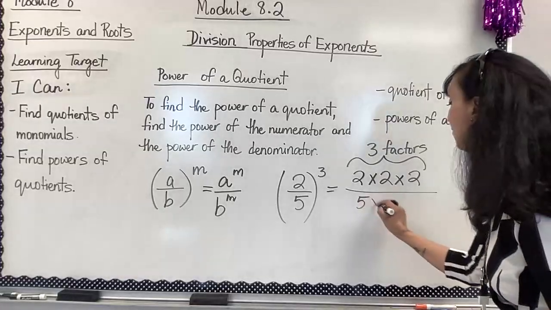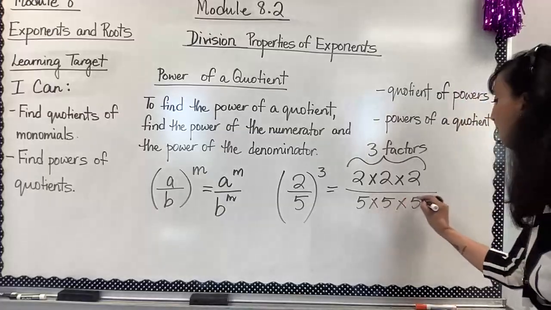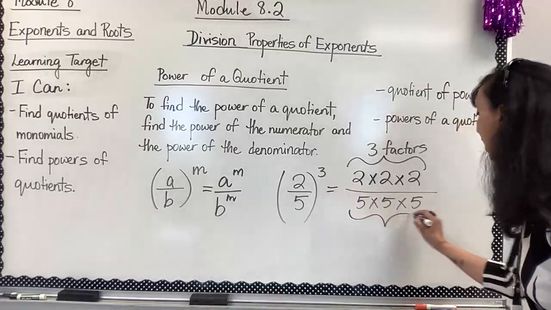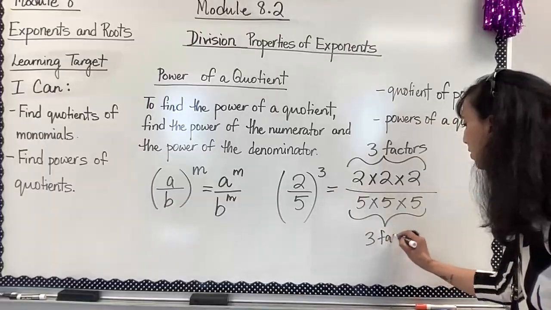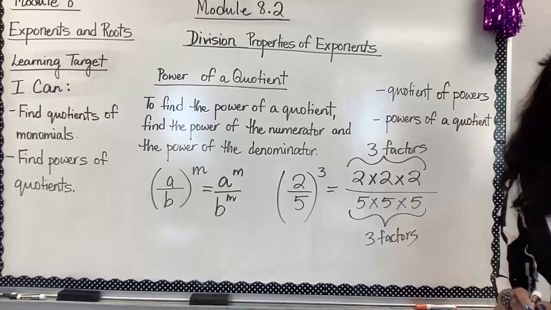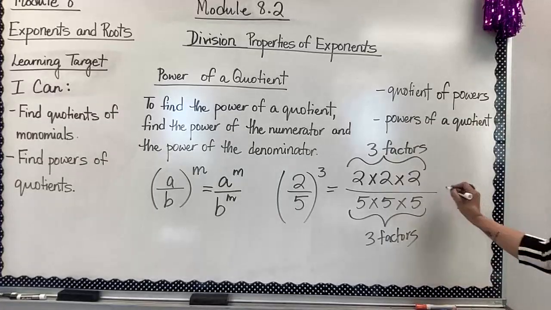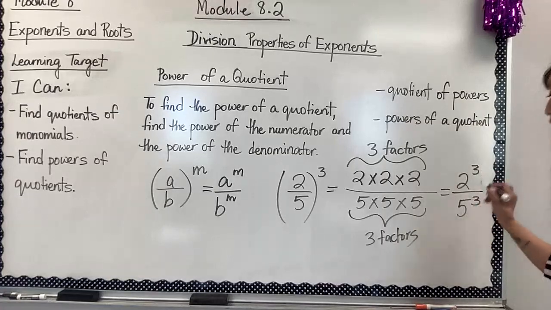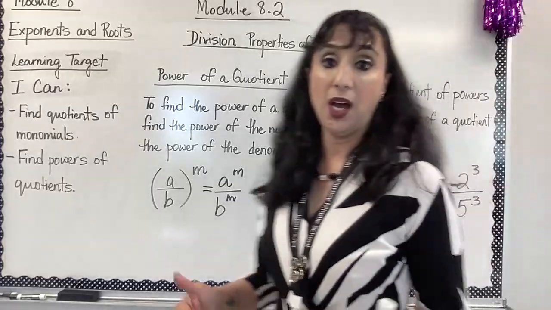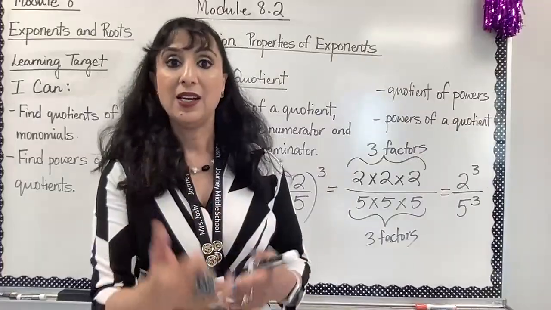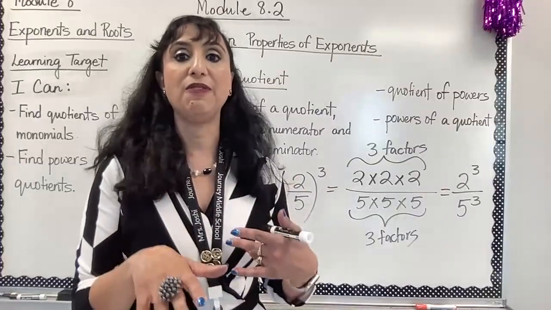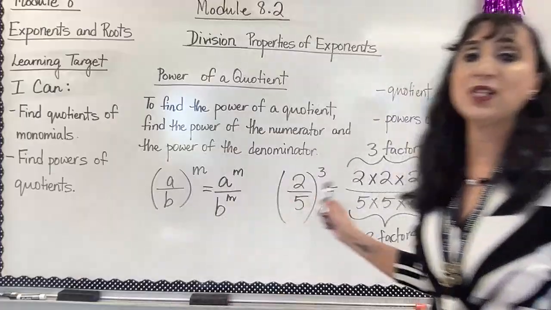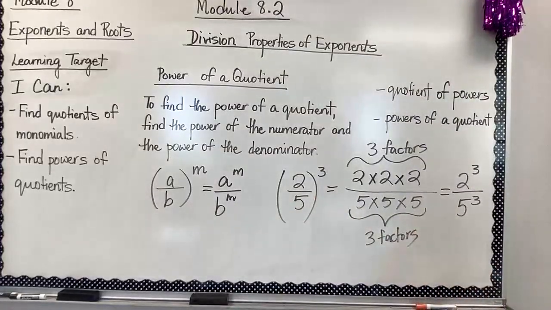We have 5 times 5 times 5. So once again, it's cubed, so I have 3 factors here also. Okay, and so this gives me 2 cubed over 5 cubed as my answer, which is simplified. And then of course I can do 2 times 2 times 2, 2 times 2 is 4 times 2 is 8, and then over 5 cubed. But that's what the power of a quotient property means.